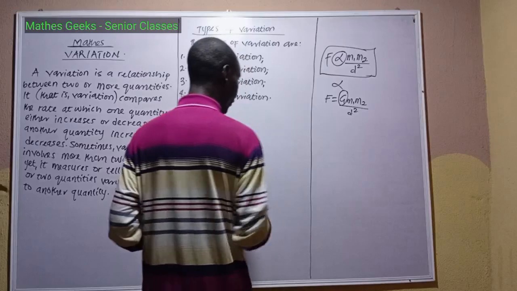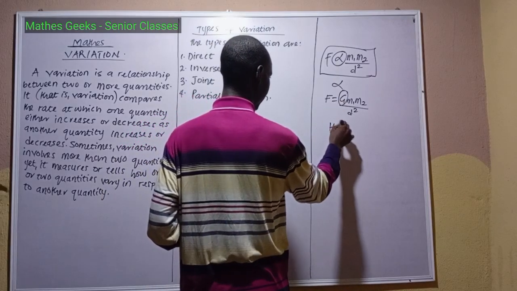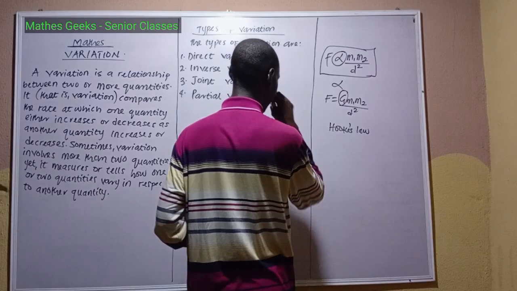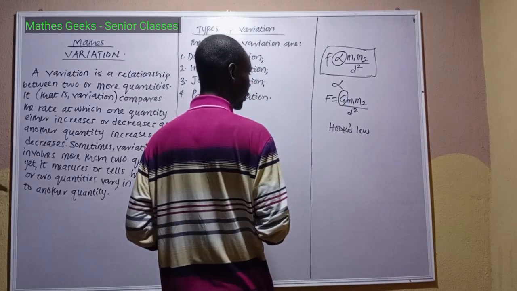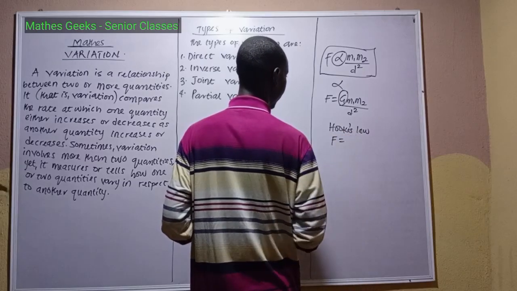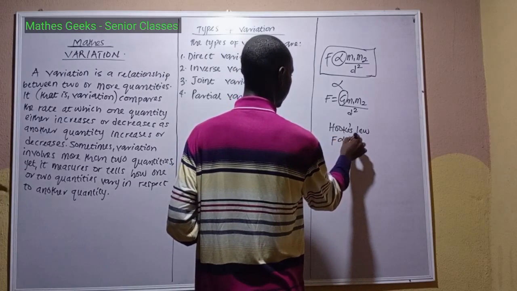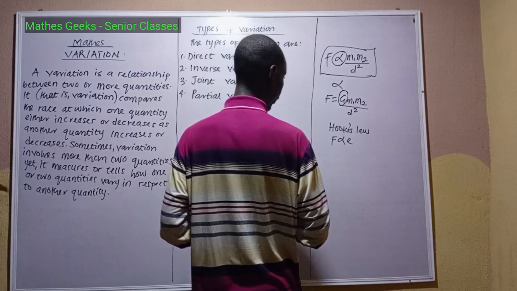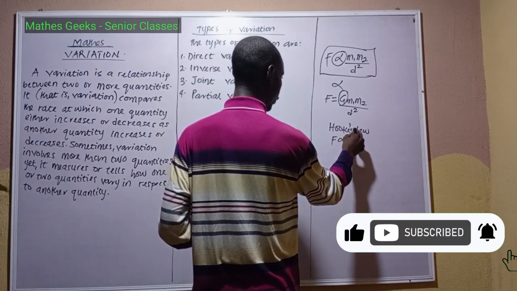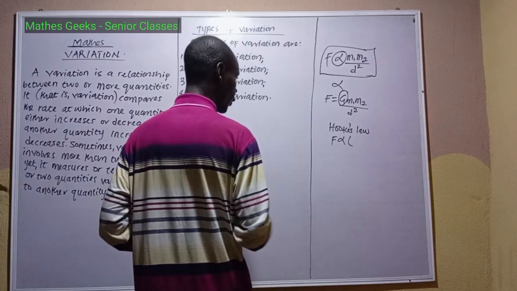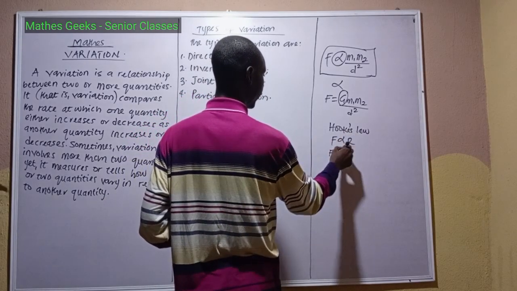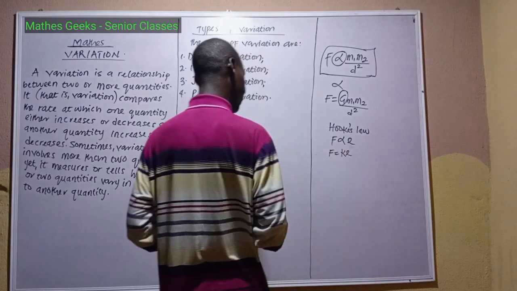Okay. Now Hooke's law also states that, provided the elasticity is not exceeded, the load or the force is directly proportional to the extension. So here F is directly proportional to the extension, where F is equal to k e.